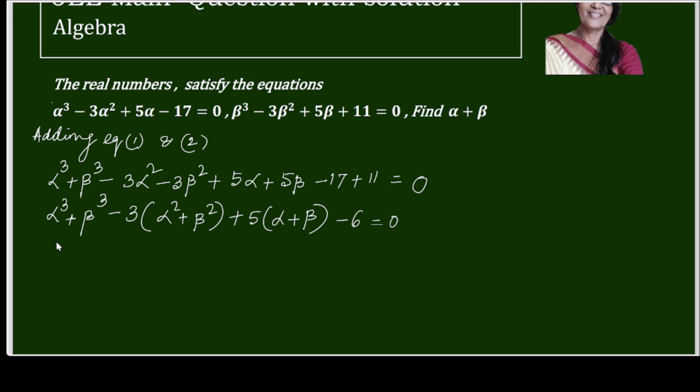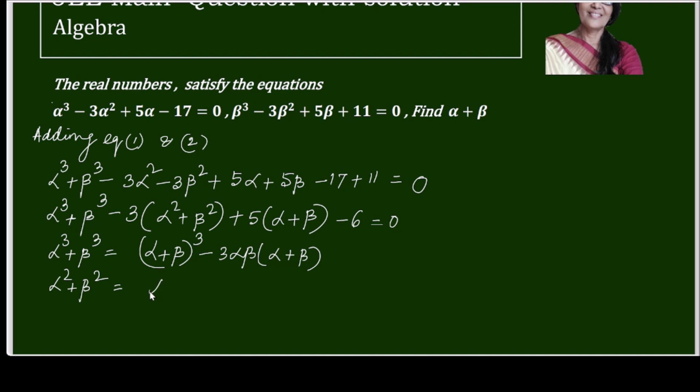Now alpha cube plus beta cube equals alpha plus beta whole cube minus 3 alpha beta within alpha plus beta, and alpha square plus beta square equals alpha plus beta whole square minus 2 alpha beta.